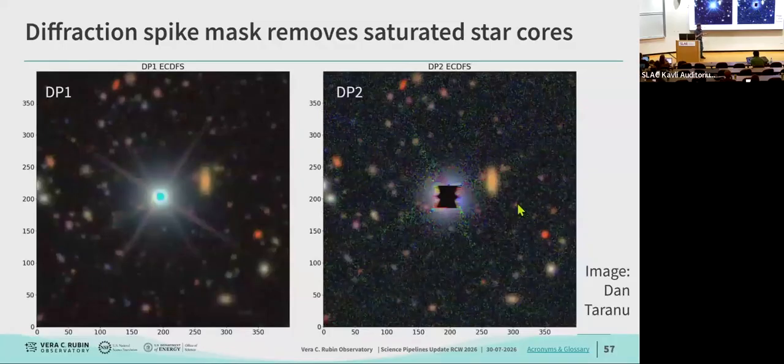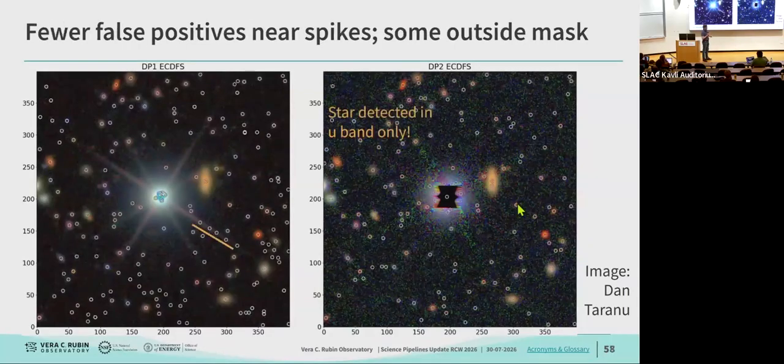The benefit is we're no longer detecting on the artifacts around bright stars, but unfortunately, it also means that the cores of these bright stars are now missing, especially in the coadds. And depending on the types of recovery that you might be trying to do, that does have an impact on the science. Point out these images here put together by Dan, who is in the other session right now.